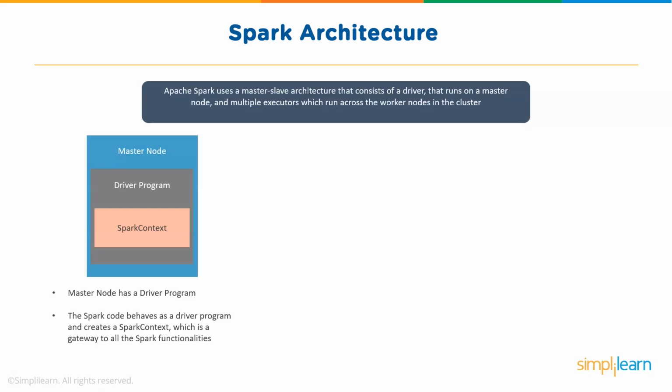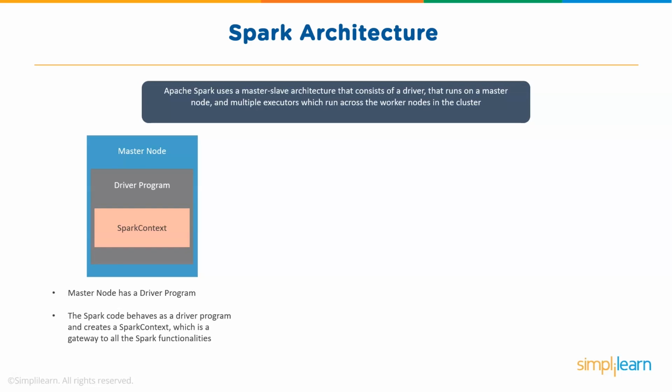So technically, Spark uses a master-slave architecture. That consists of a driver program that can run on a master node. It can also run on a client node. It depends on how you have configured it or what your application is. And then you have multiple executors which can run on worker nodes.